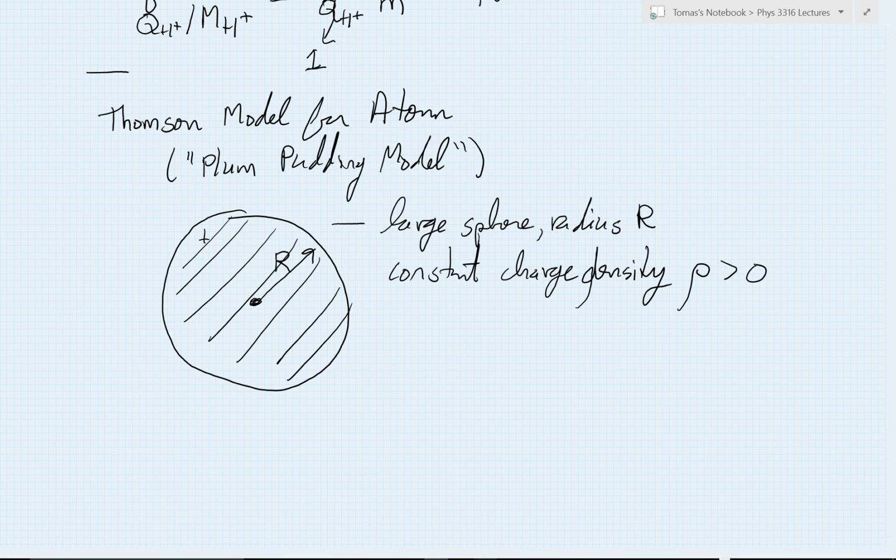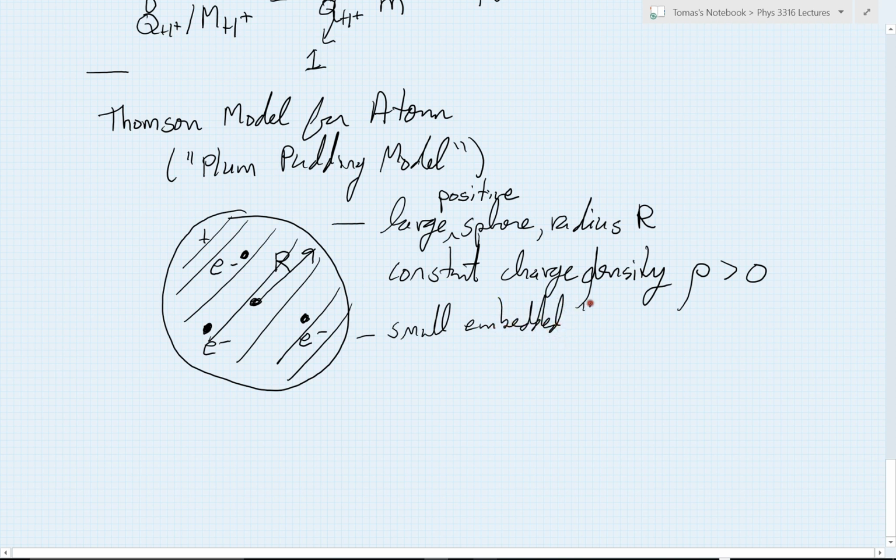And then the idea is within that large positive sphere, just so we're very clear, you have embedded these very small negative particles, the electrons. And then this makes up the structure of the atom. So we've got the large positive sphere, small embedded electrons, making up the final structure for the atom.